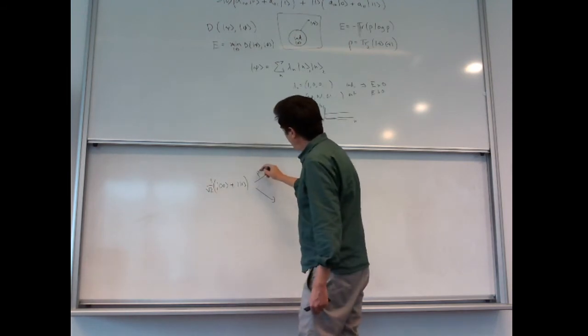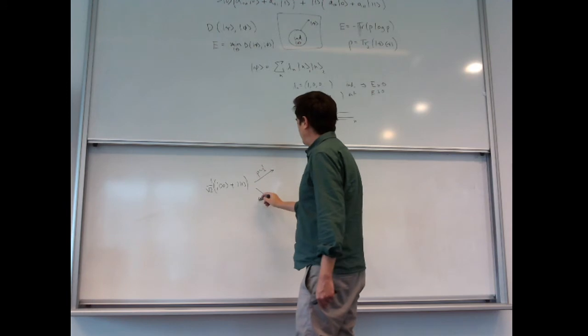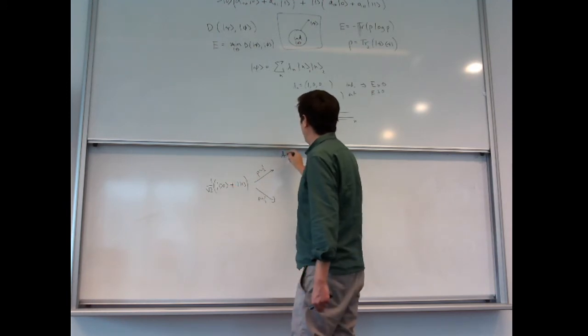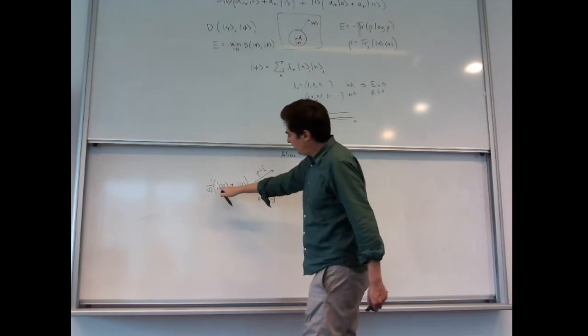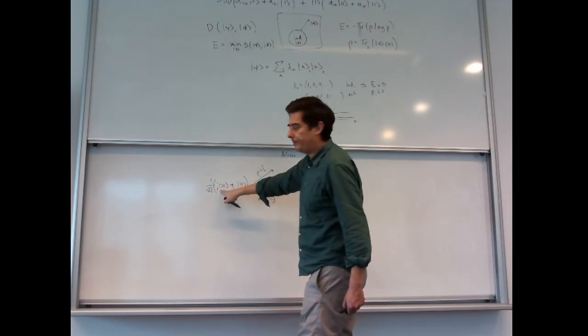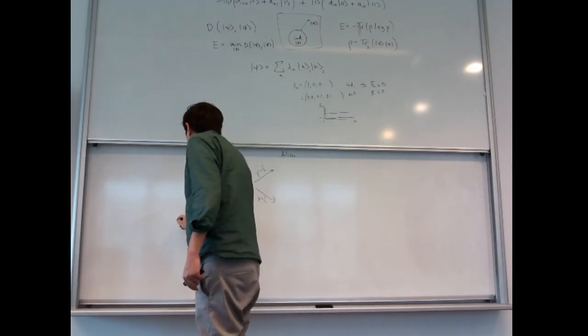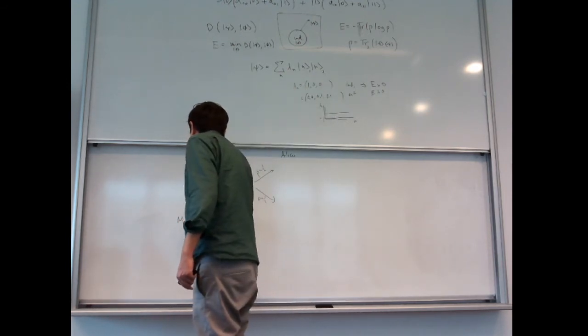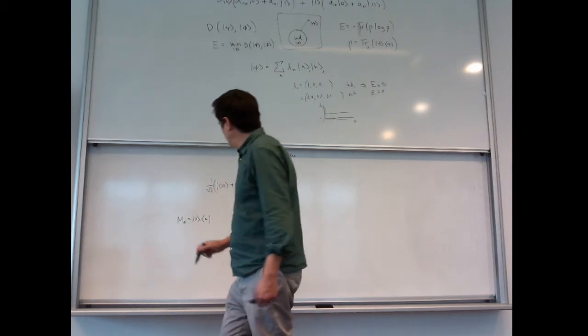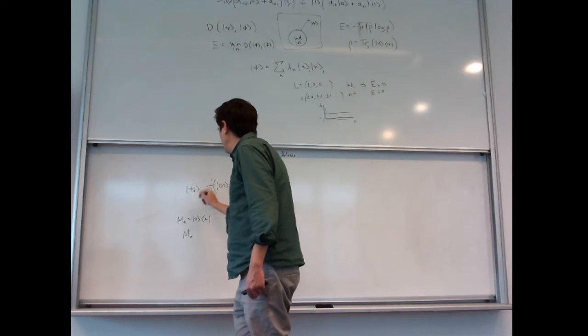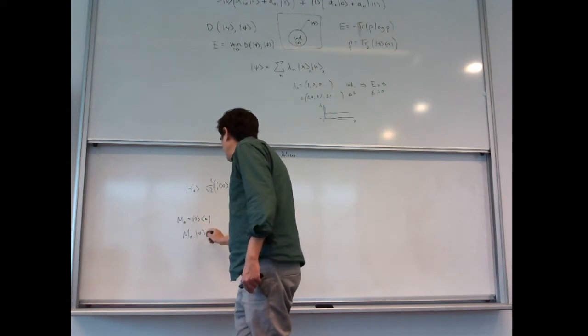So, probability 50%. This is Alice's measurement, right? And when Alice measures this, we can do it in terms of the projection operator if you like. So for example, Alice measures the state, here's our initial state.